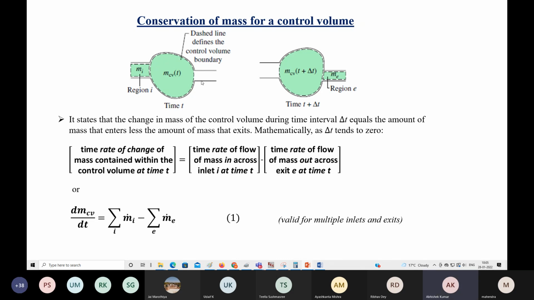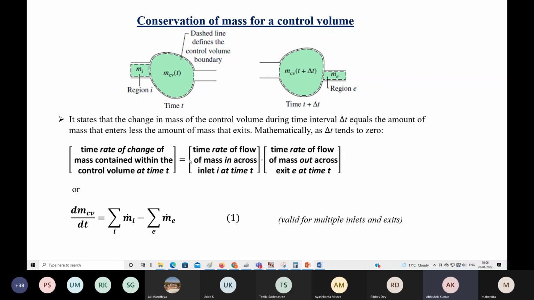Once it reaches the full condition, meaning mass is properly accumulated, then it will be leaving. So whatever charge is contained within the control volume equals whatever inlet minus whatever exit.